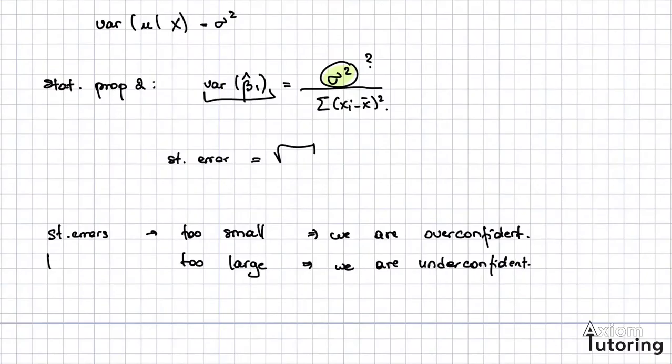We think we know less than we actually do. Without correcting for heteroskedasticity, we don't know which direction the error goes. It depends on the specific patterns of heteroskedasticity in the data. Although, as you will see when you work through more exercises, heteroskedasticity more often produces standard errors that are too small, leading to over-rejection of the null hypothesis. But again, keep in mind, this is not guaranteed.